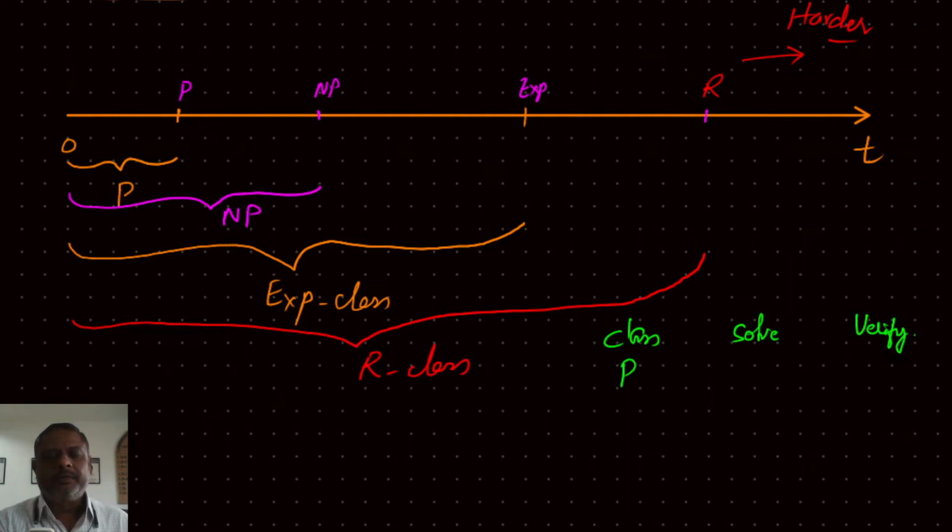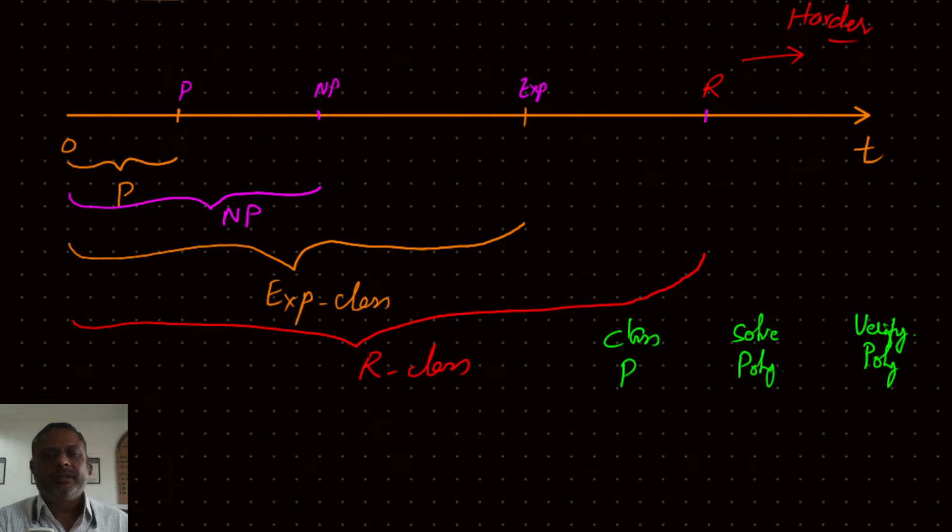So talking about P time, all the problems which are in P type can be solved in polynomial time, and definitely they can be verified in polynomial time. That is, the solutions of these problems can be verified in polynomial time.